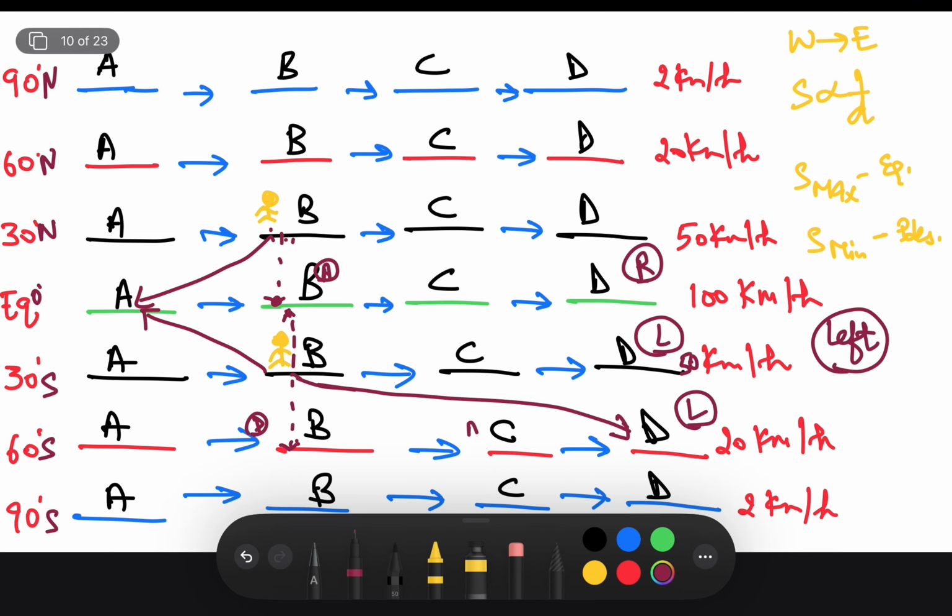Similarly, now the person is at D point. Suppose now he tries to come to this position on the D surface at the 90 degrees, where the speed is much lower.